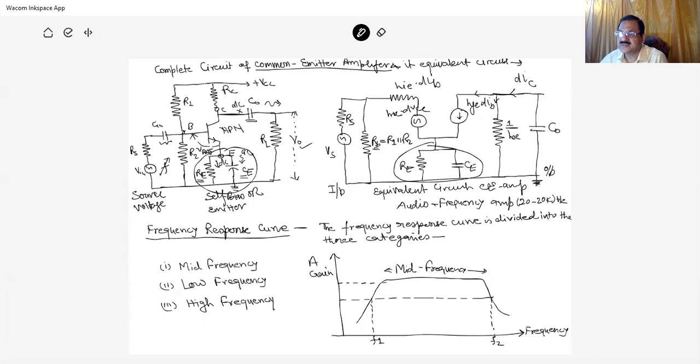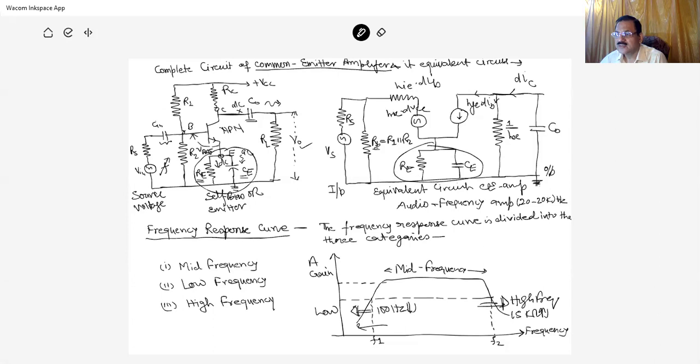So this one is the lower part. This is the low frequency, and this is the high frequency. High frequencies are 15 kilohertz onward, and here it is 100 hertz and below.